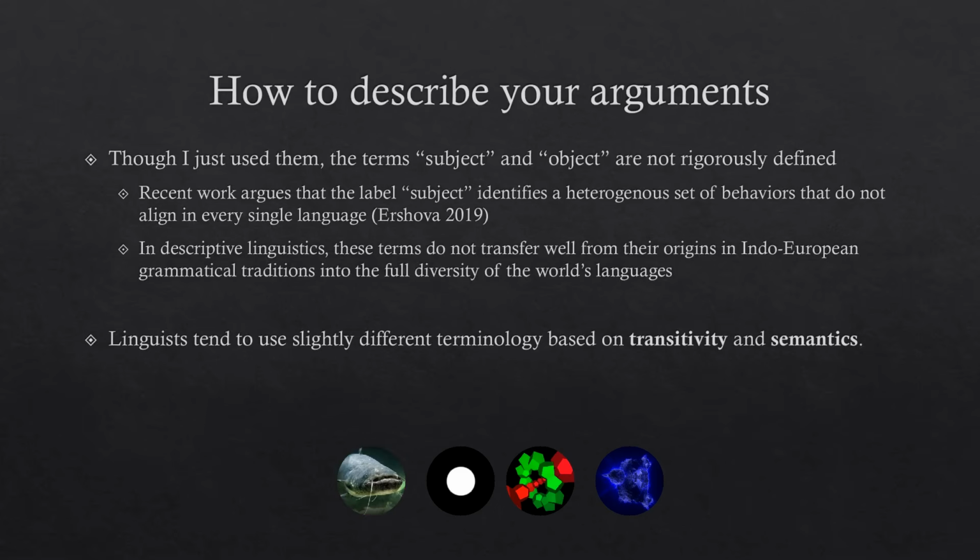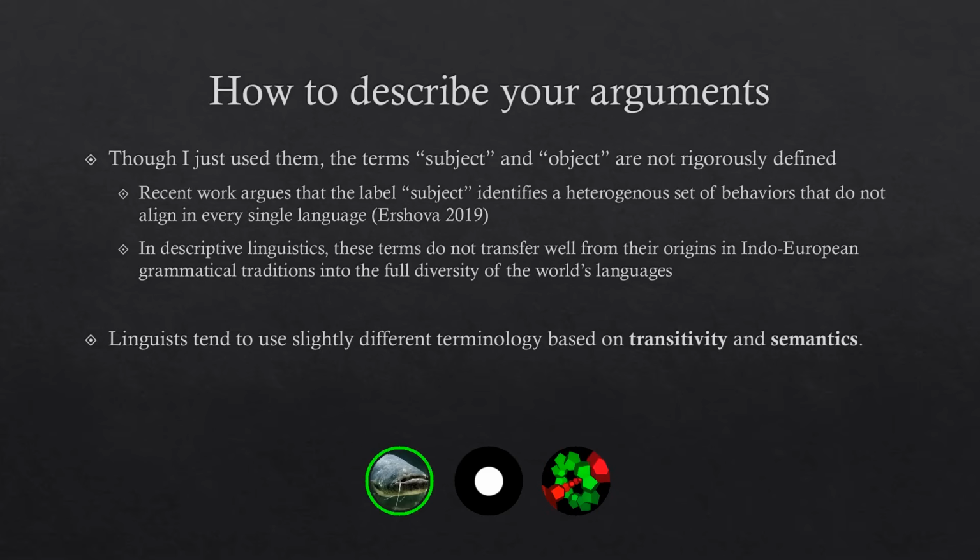So we've mentioned subjects and objects. I had them in the signatures there for the parameters. The thing is, it turns out these terms, subject and object, are not as rigorously defined as we would like. A lot of evidence for the fact that it's maybe not as rigorous as we might think comes from work on ergative languages.